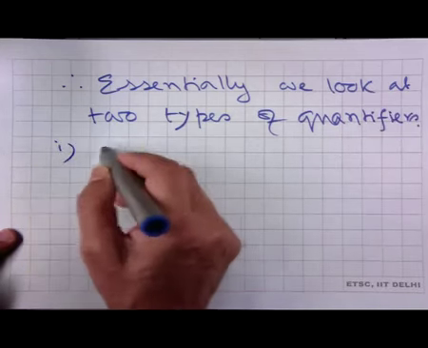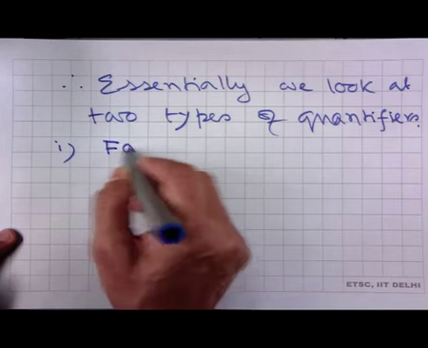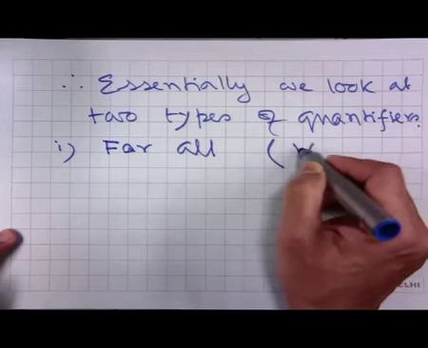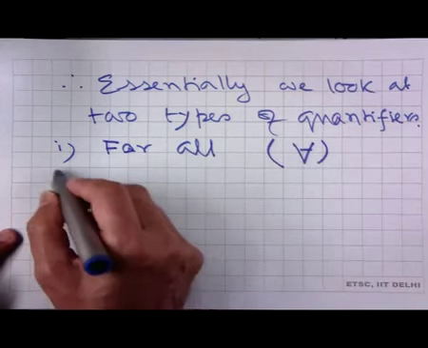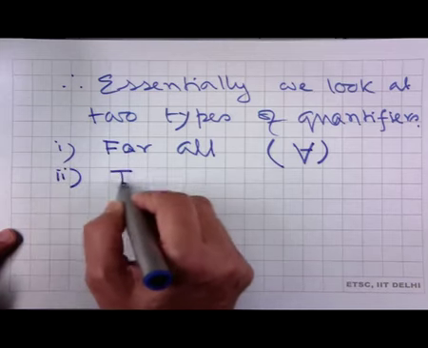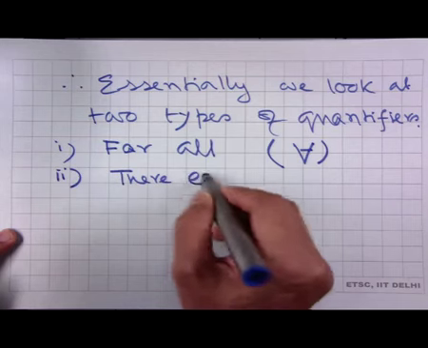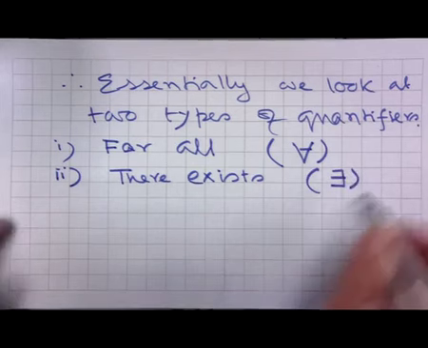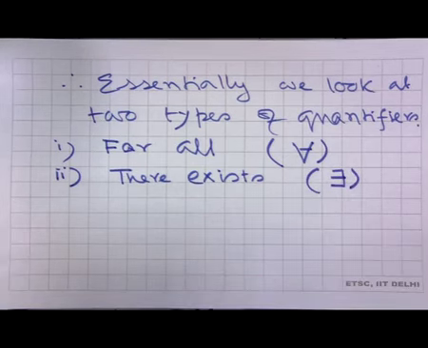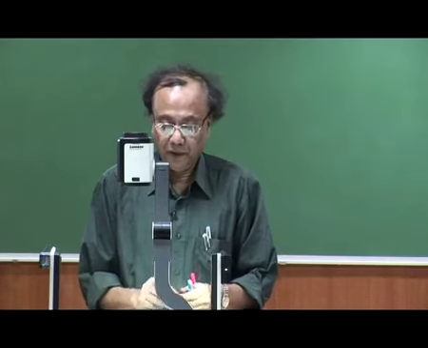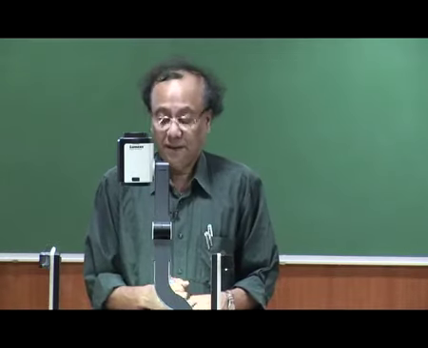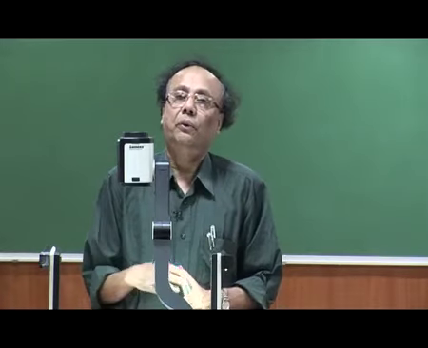One is called for all, which we symbolize like this, and two, there exists, which we symbolically write like this. As we have just seen, if something is true for only a subset of things, then it is not mathematically defined what its negation is going to be.